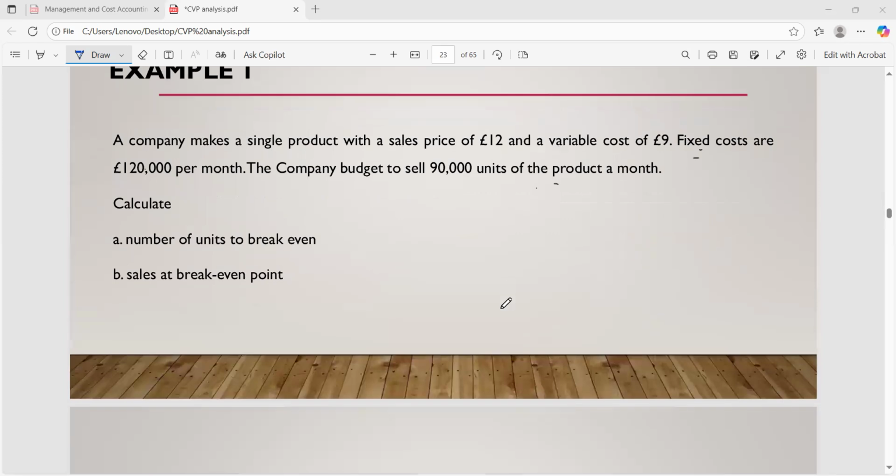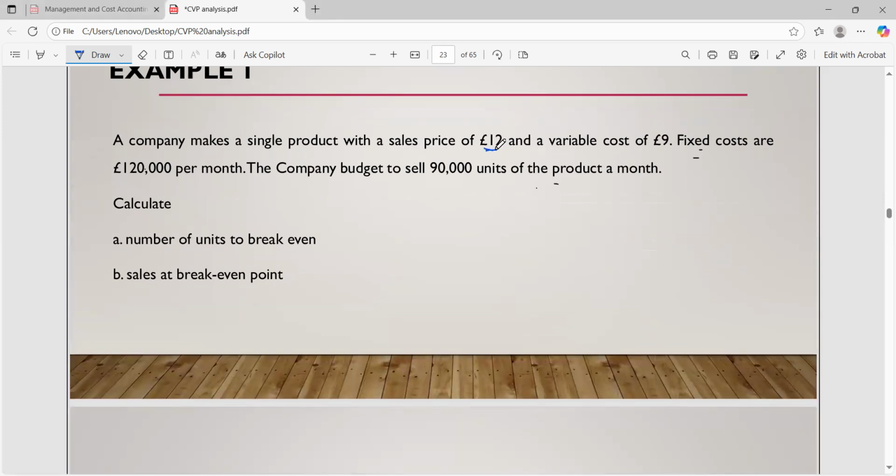A company makes a single product with a sales price of 12, I don't know if it's pounds or euro, and a variable cost of 9. Fixed costs are 120,000 per month.